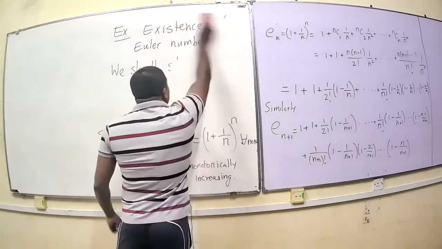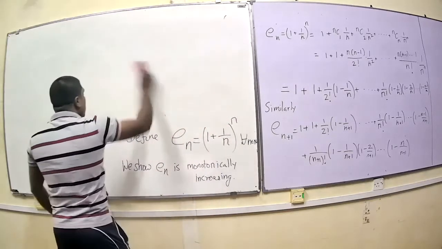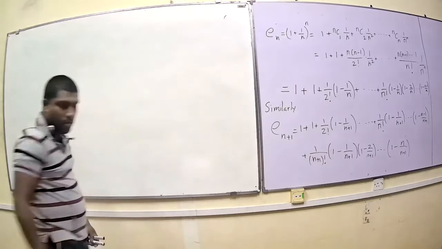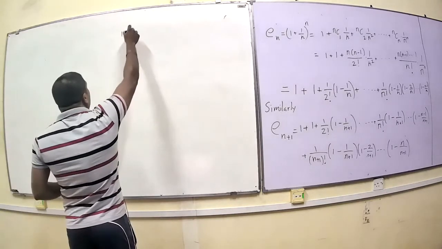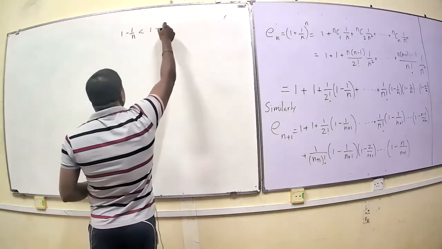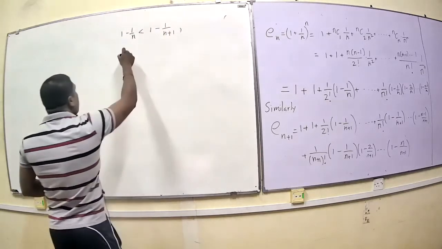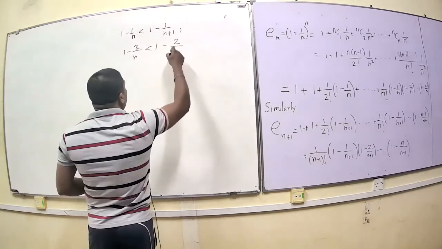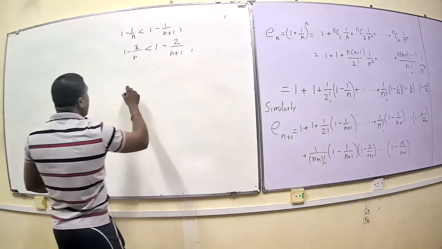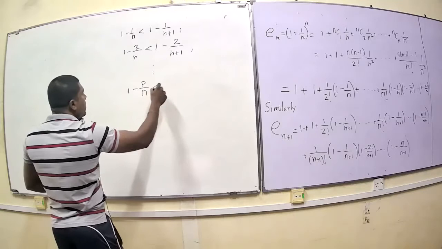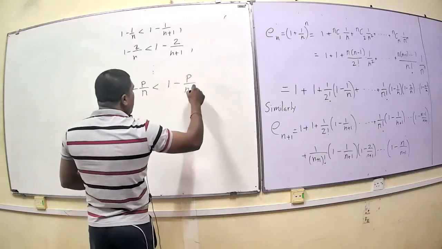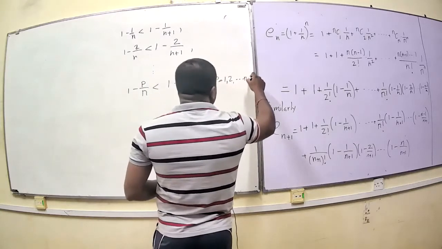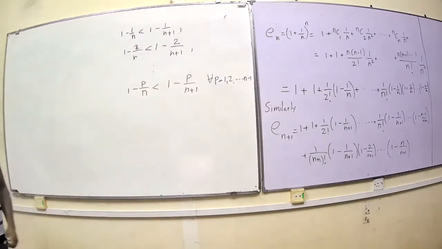So you can easily see that 1 minus 2 upon n is less than 1 minus 2 upon n plus 1. And similarly, 1 minus p upon n is less than 1 minus p upon n plus 1, for all p equal to 1, 2, up to n minus 1. So you can see these results.